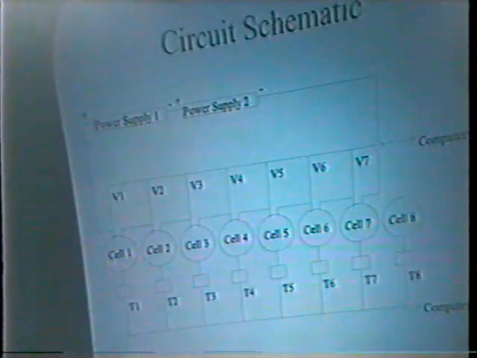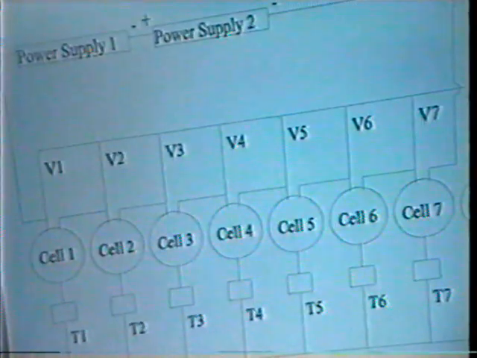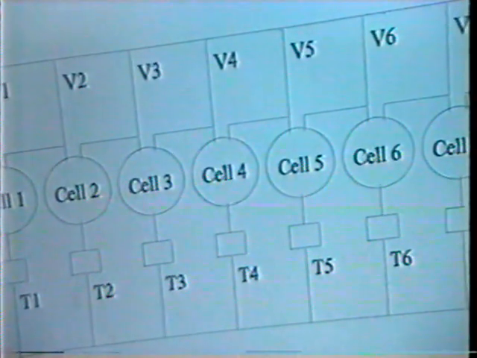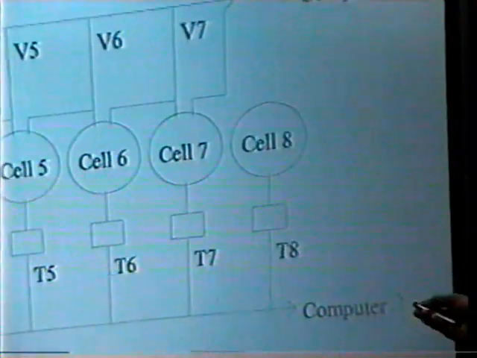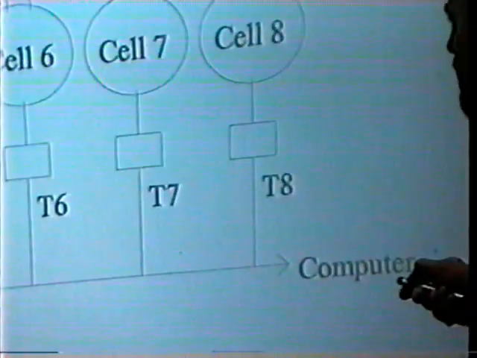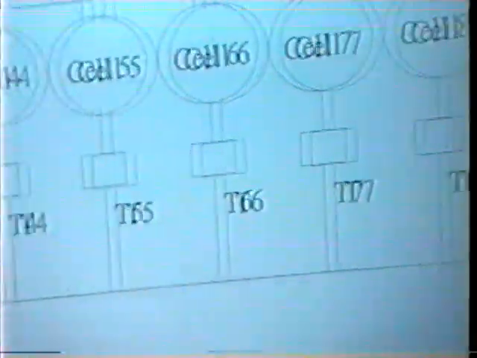So what we did in this experiment is we have duplicate cells as closely the same as we could make them. And what we're doing is we're varying the width of the electrode so that we have a difference in current density on pairs of cells. So these two have the same current density, these two have the same, these two have the same. This is a control.